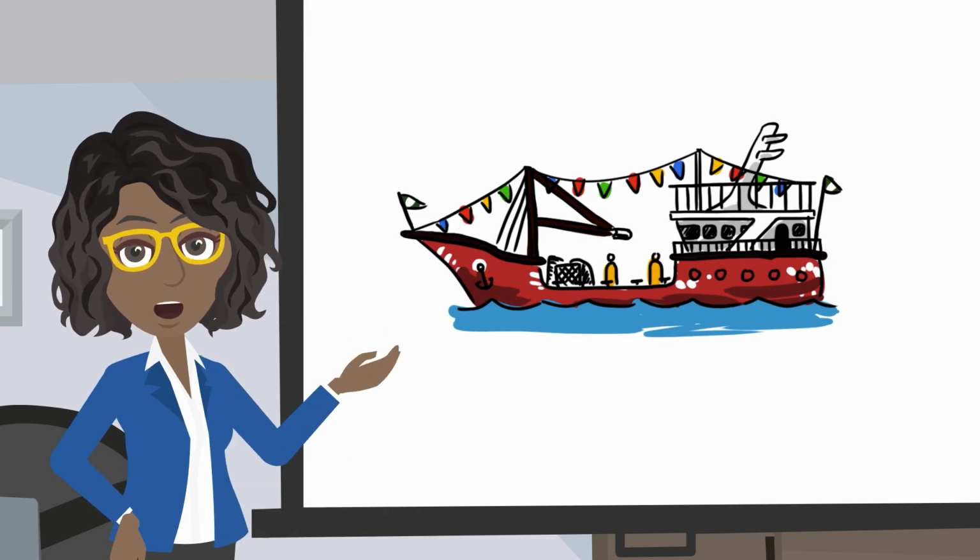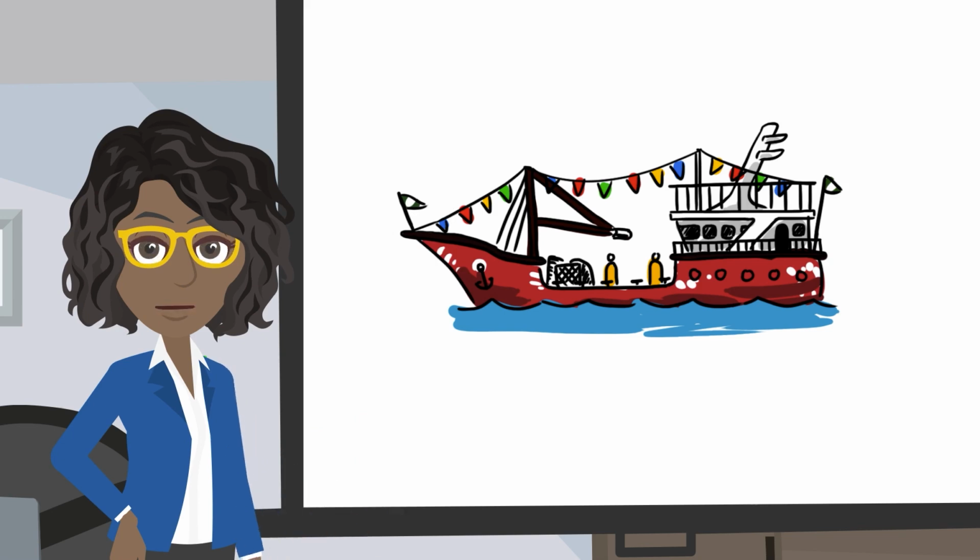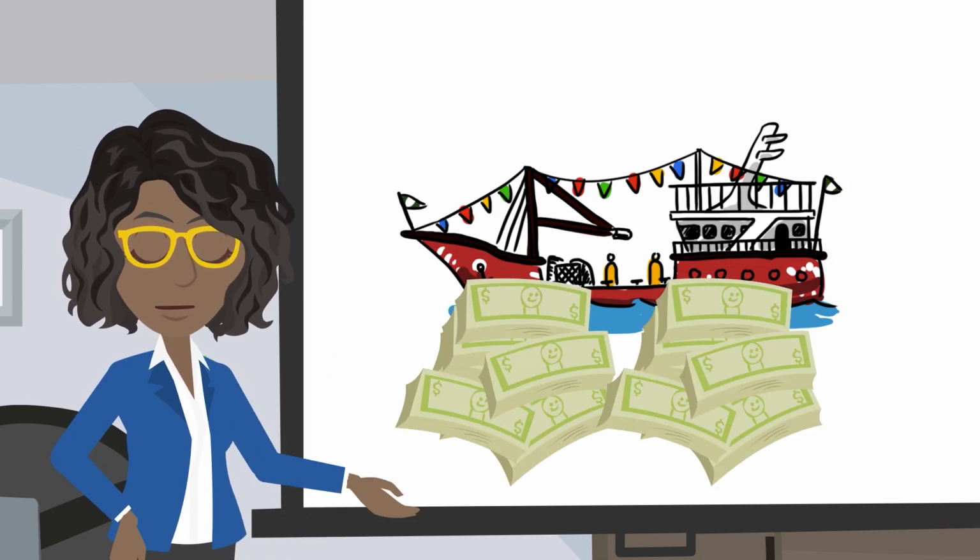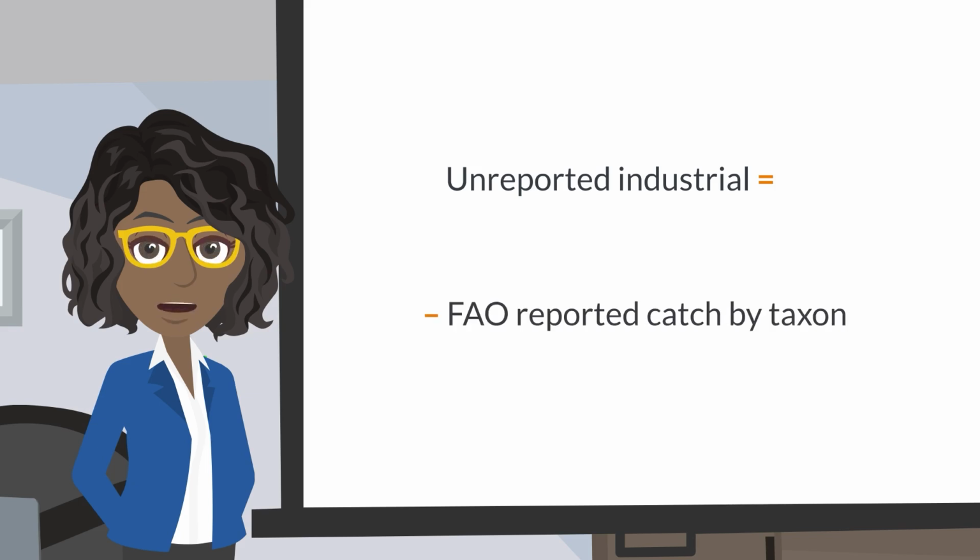For the industrial sector of Olalan, I will note that this is the sector with more reported data because the catch of large commercial vessels tends to be closely monitored given that they pay high taxes and export fees. Often, national data are better disaggregated by species, so it is possible to obtain the unreported component of the industrial catch by subtracting the FAO reported catch for a taxon from the total catch for that taxon reported nationally as caught by industrial gears.